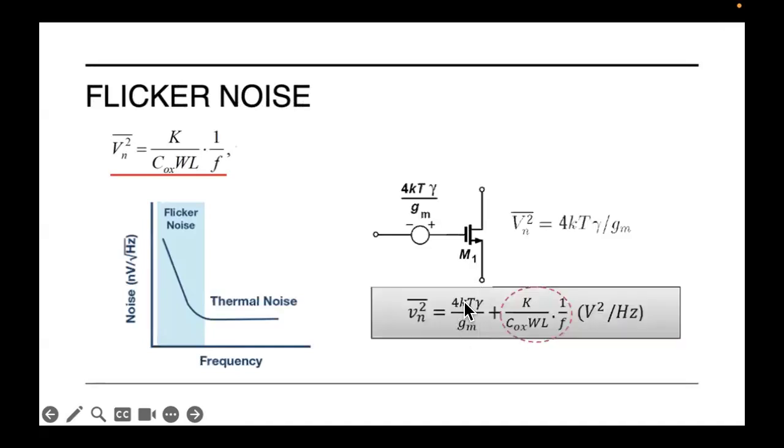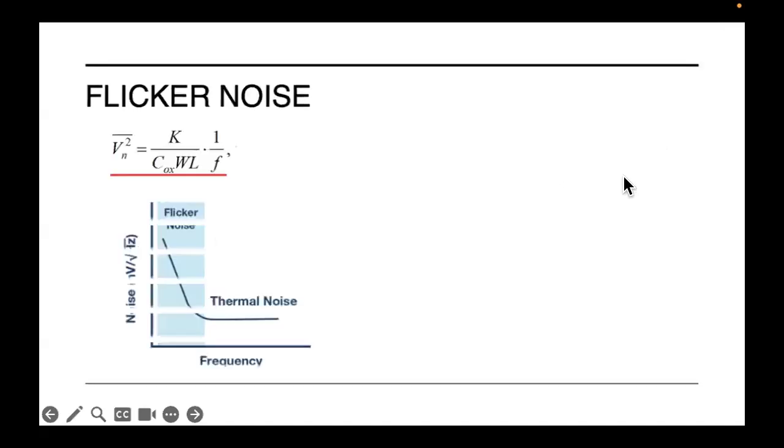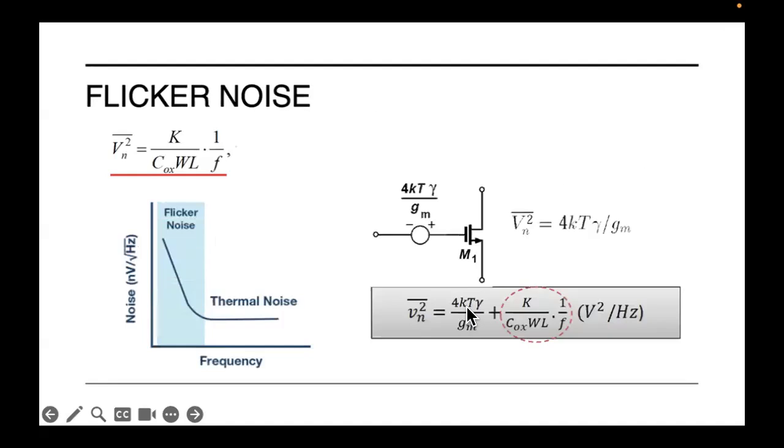So it's 4kT gamma, and now you have Gm in the denominator, which is simply due to the fact that we divide here by Gm square. So Gm cancels with one of the Gm, and we have here 4kT gamma over Gm. This represents the voltage on the gate, representing the white thermal noise between the source and the drain.